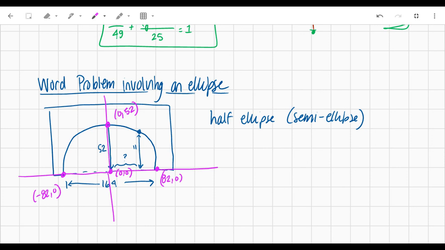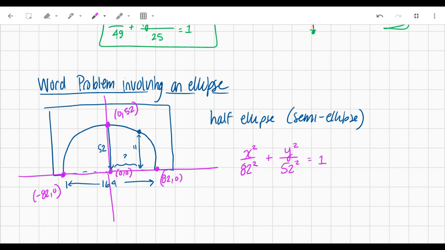So we can see that the major axis is horizontal. It's nice we made it centered at 0. So we can do x squared over 82 squared plus y squared over 52 squared is 1. And that's your equation. You're going to get a calculator for this.